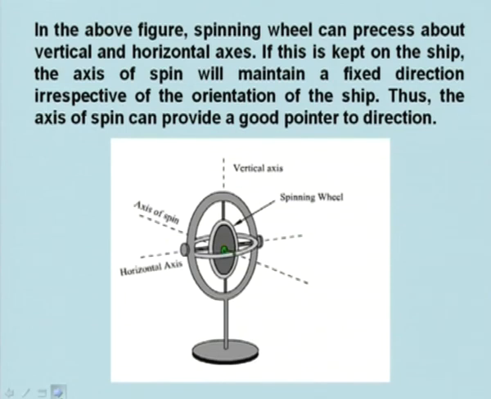In this figure, the spinning wheel can precess about vertical and horizontal axes. If this is kept on a ship, the axis of spin will maintain a fixed direction irrespective of the orientation of the ship. Thus the axis of spin can provide a good pointer to direction.